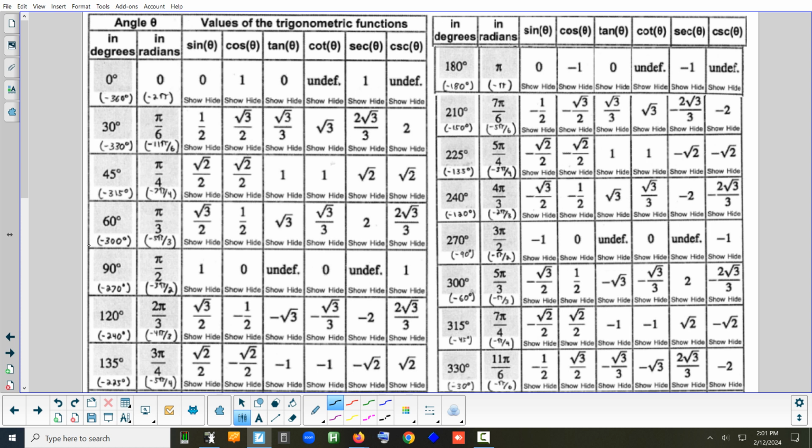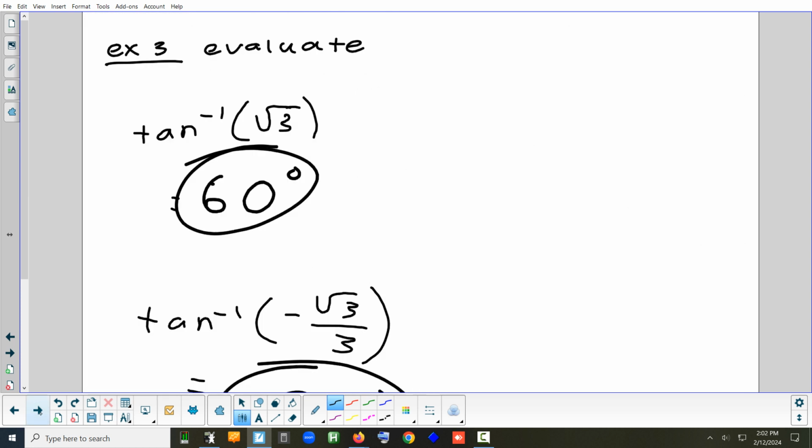That means when you look at the numbers in the different columns, you will only see numbers that came up when we did the unit circle. Numbers from the unit circle are 1s, 0s, negative 1s, 1/2s, negative 1/2, root 2s, root 3s, negative root 2s, negative root 3s, and undefined. Those are pretty much the only kind of numbers that you're going to see in this table.